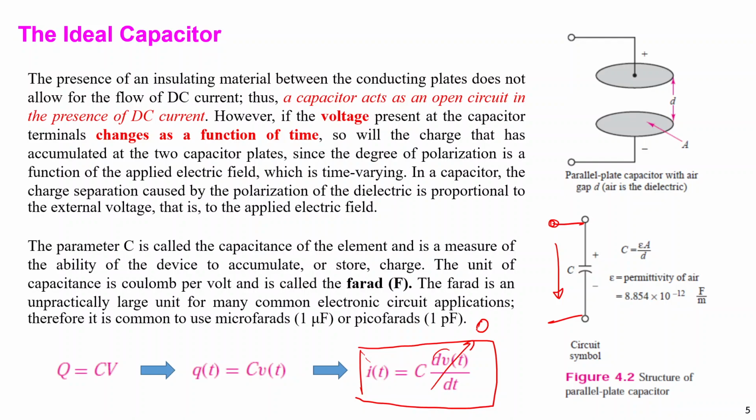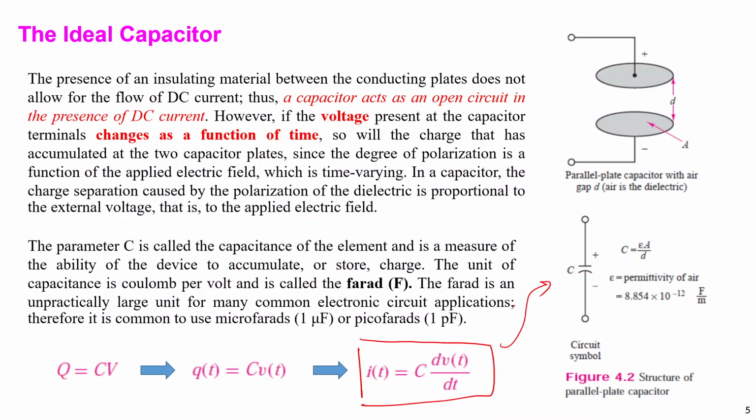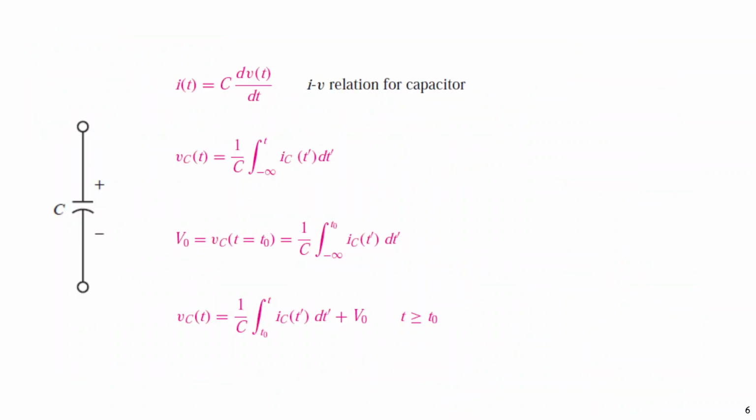Nothing changes means current is zero. And it depends on one parameter called capacitance, and we use C for that parameter here. So i equals C dv by dt is the property of the capacitance.